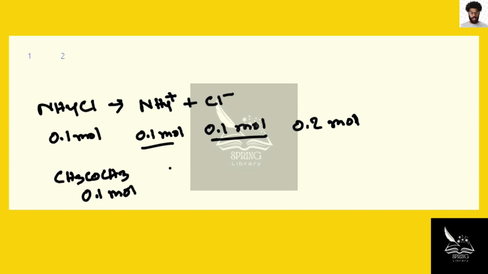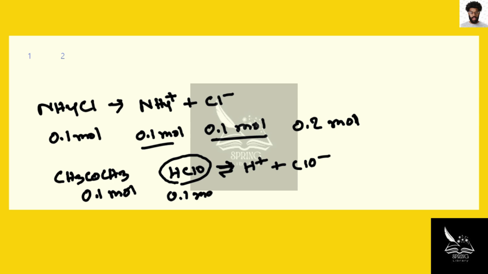And in the case of HClO, or hypochlorous acid, it will be slightly dissociated into H plus and ClO minus. Basically, its aqueous solution will be composed of this HClO, which is 0.1 mole, and it will be slightly dissociated into H plus and ClO minus, and the total concentration of these two will be less than 0.1 mole.